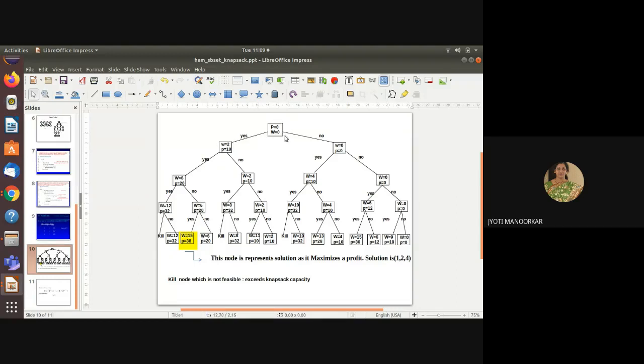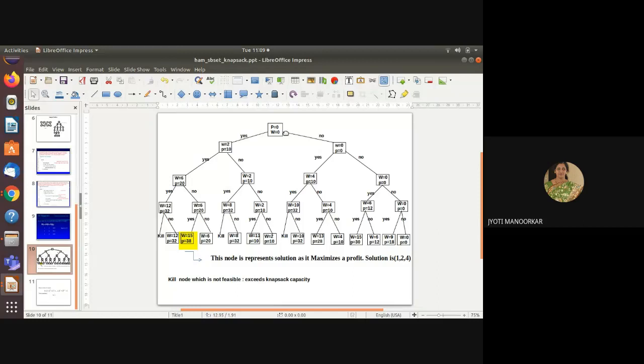Then the next level represents considering the first atom for inclusion, which will also consist of two parts. If the first atom is included, then we are considering the left branch.